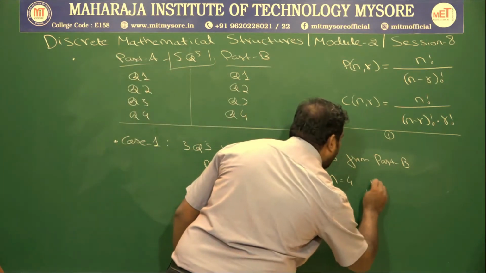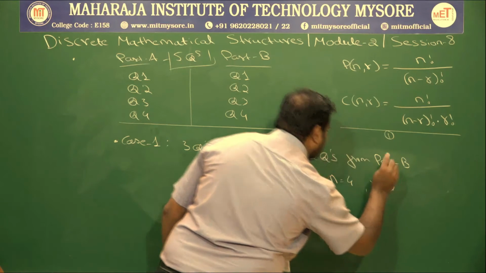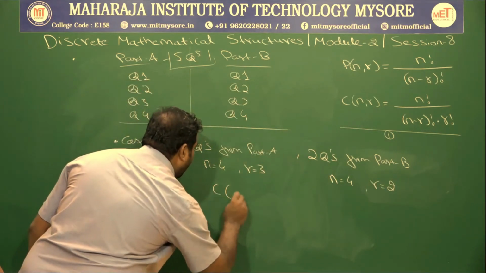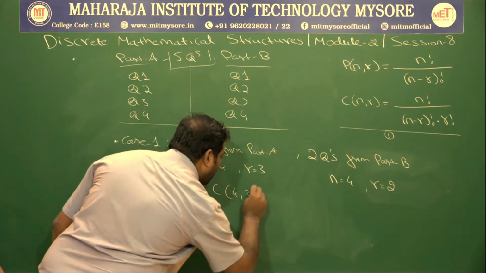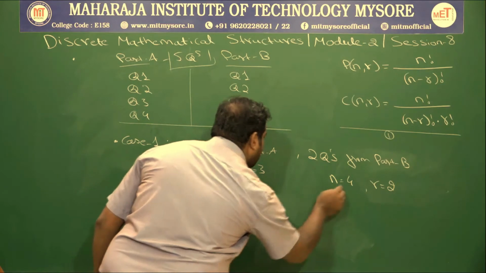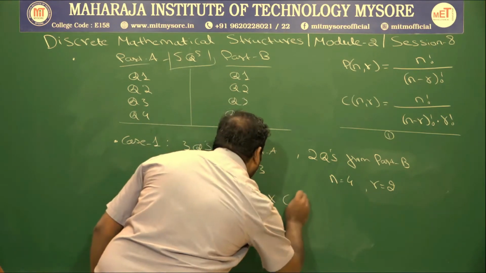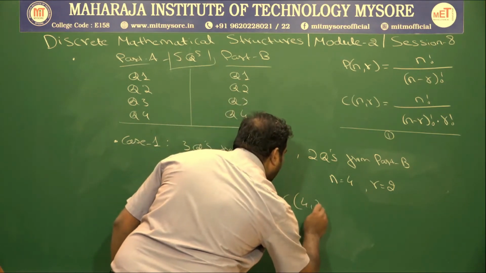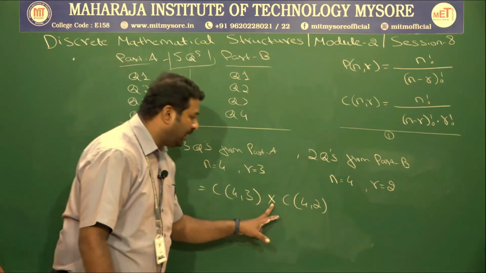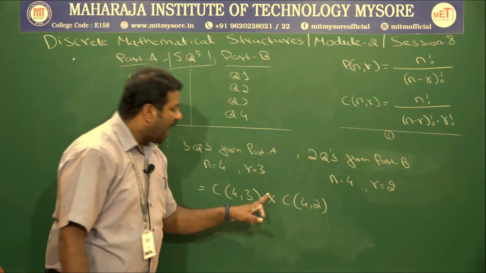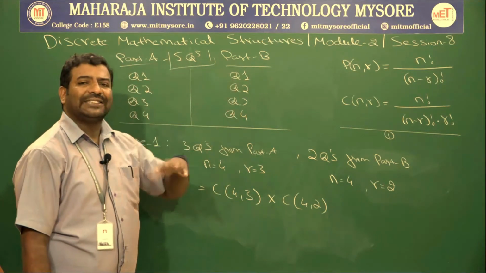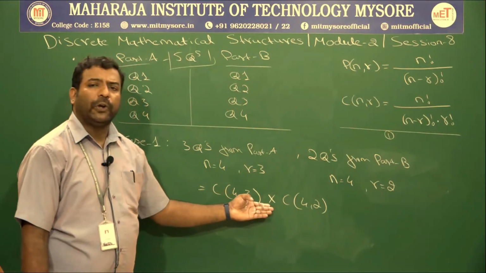Out of 4, I need to pick 2 questions, and r is 2. Hence, I am going to have this as C of 4, 3, because order doesn't matter to me, multiplied with C of 4, 2. And this is going to be your answer. The reason why I am using multiplication here is that I need to do both jobs at the same time, hence I am using the product rule.